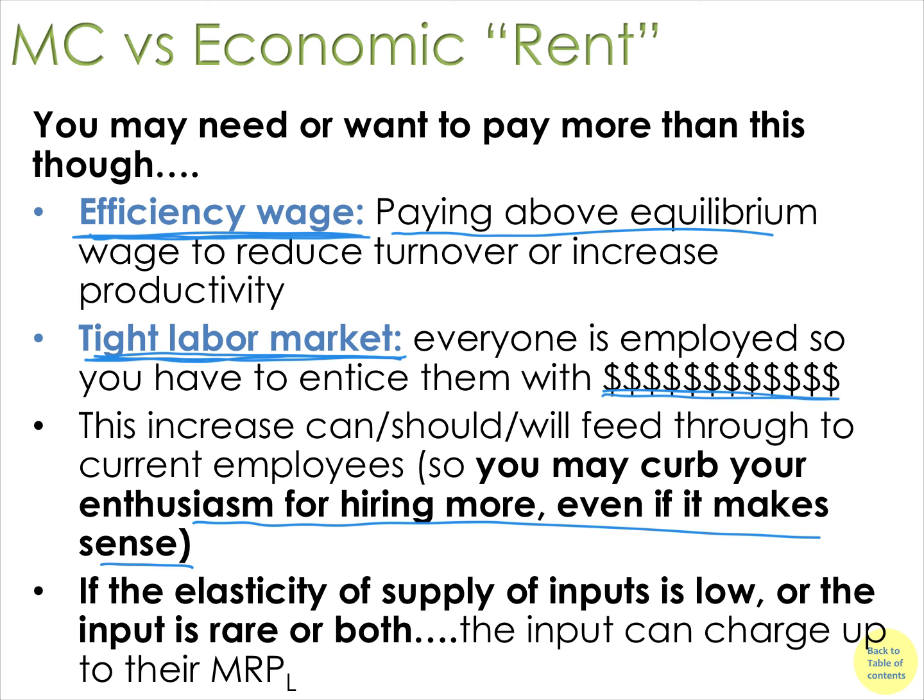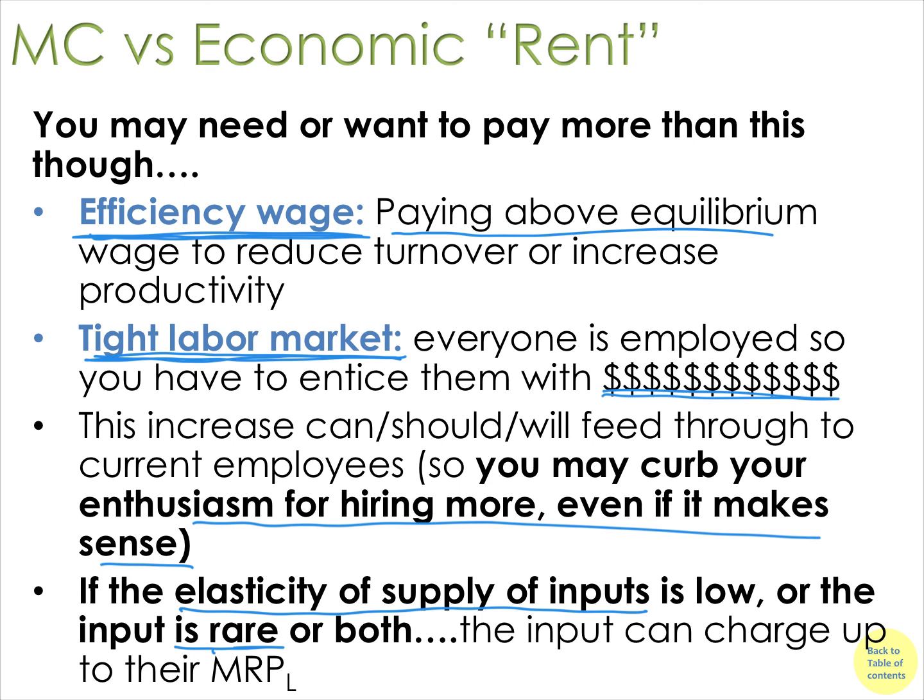And last but not least, this idea of economic rent, and that is this. Let's just talk about LeBron James or some other athlete with rare talent. If the skills that they own are rare, then it's going to be hard to get more LeBrons into the market. In other words, the elasticity of supply of inputs is low.